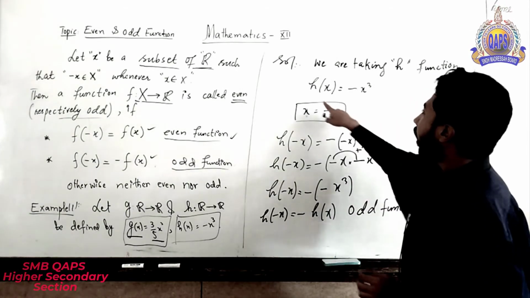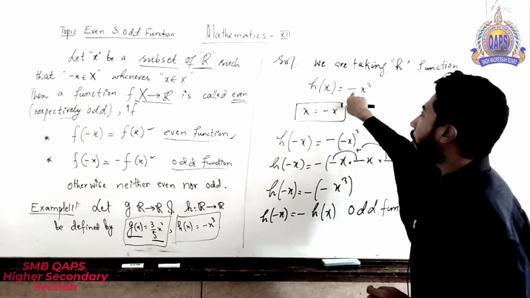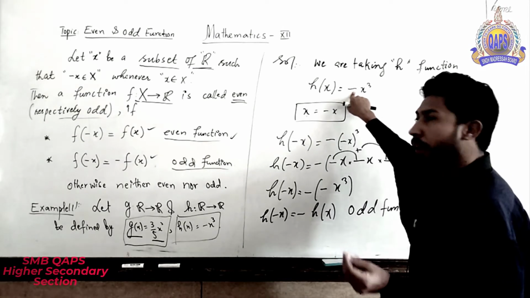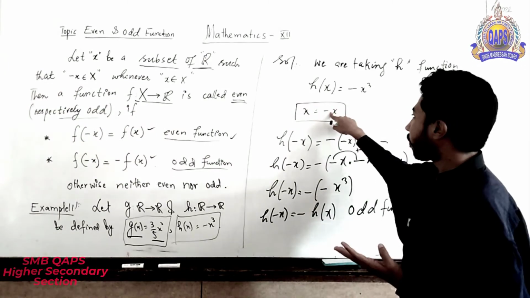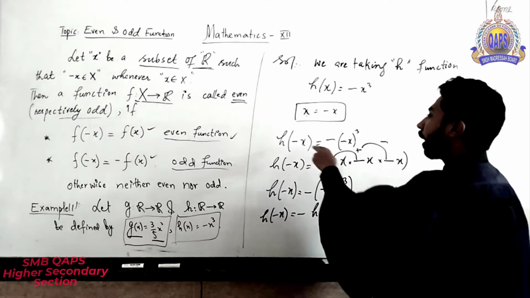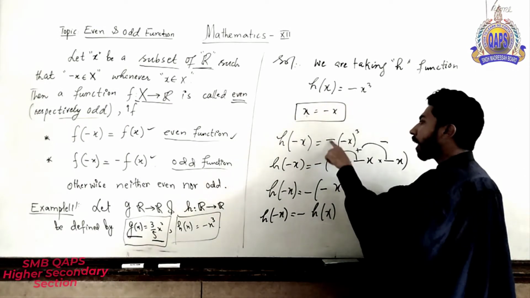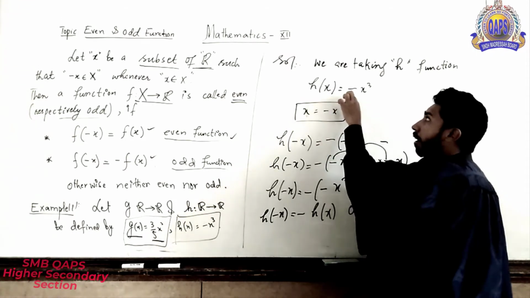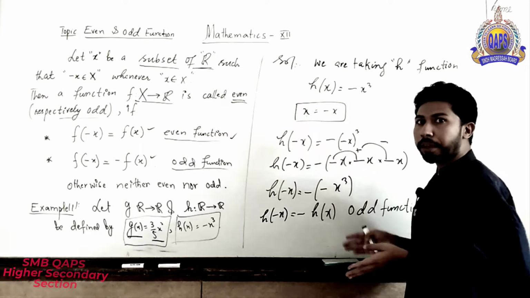So for h of x equals minus x cube, we put negative x in the place of x, and the negative sign stays the same because it is already given here.